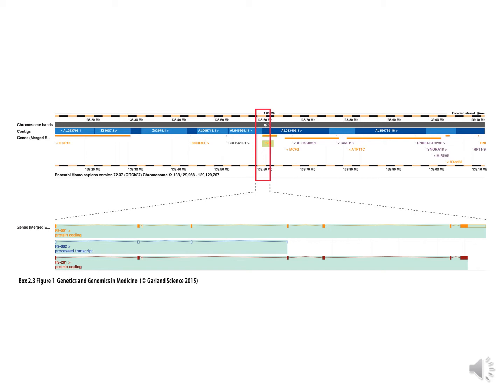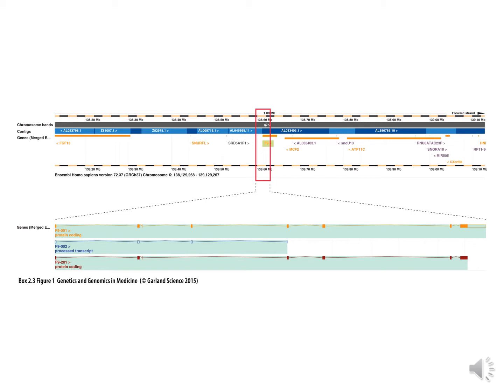The query or search term for this particular example was the F9, factor 9, blood clotting gene. The top display shows a 1 megabase chromosome environment on the X chromosome that encompasses the F9 gene, which is shown in the middle within the tall red box.